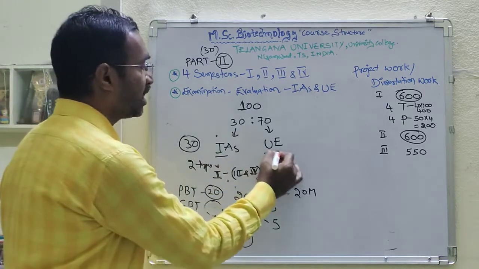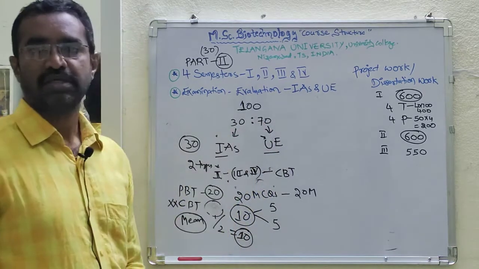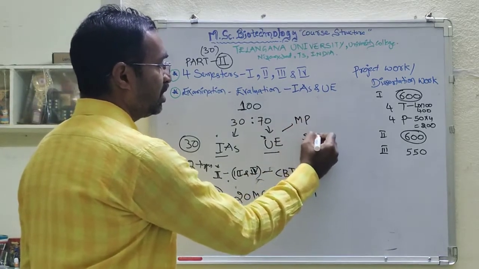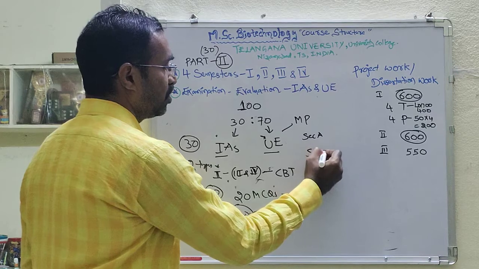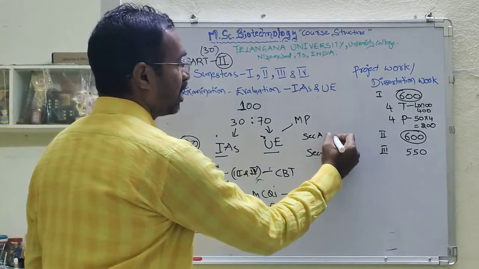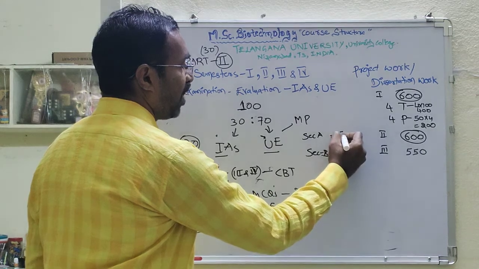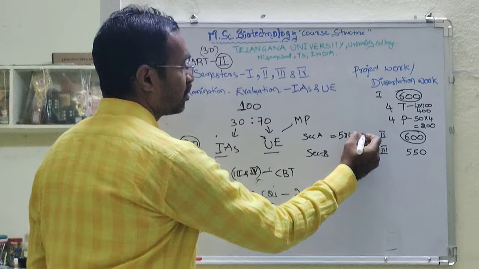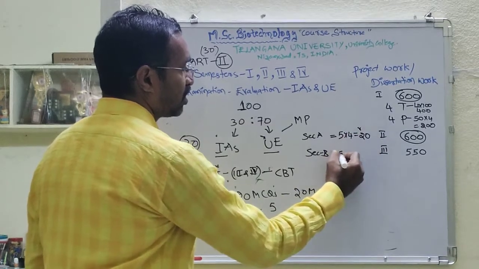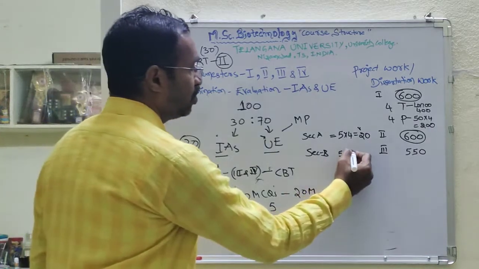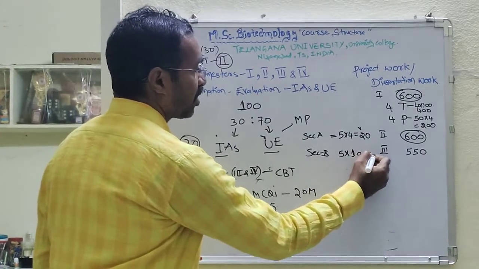Coming to the university exam, it is for 70 marks. If you see the model paper, section A is 5 into 4, 20 marks, and section B is 5 into 10, 50 marks.